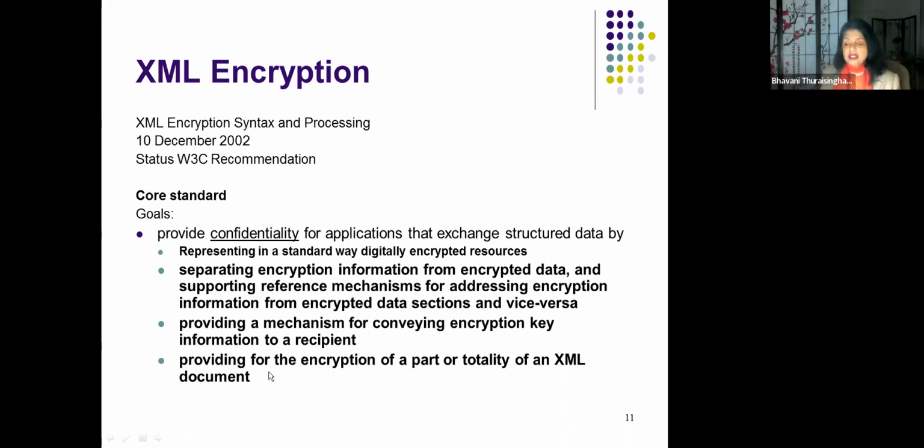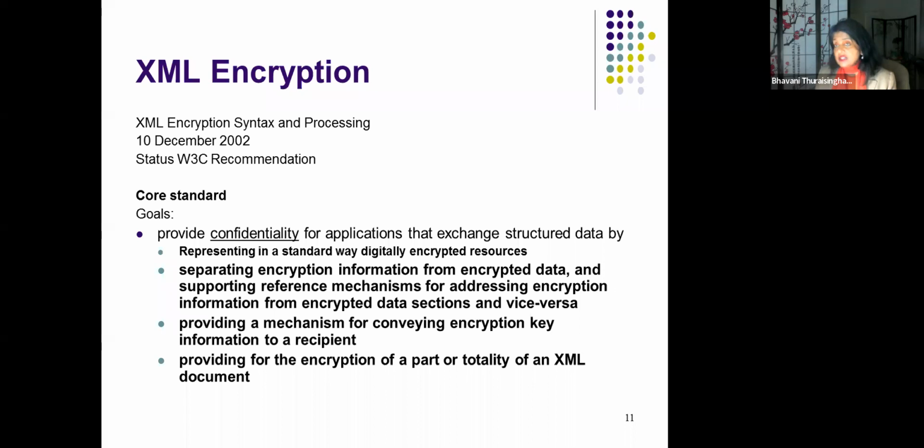And so essentially the XML message is encrypted by the sender, and the receiver will decrypt it, and they agree upon a protocol. It could be symmetric key, and in a particular implementation, it could be public key. So if it's symmetric key, they've got to agree upon the key. If it's a public key, then for confidentiality, the sender will encrypt the message with the receiver's public key, and the receiver will decrypt it with his or her private key.